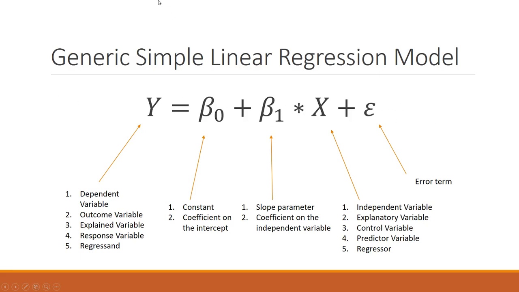It's usually the variable that we're trying to explain. If we're trying to explain income, then this is where income would go. I want to have a function that defines what values determine income.